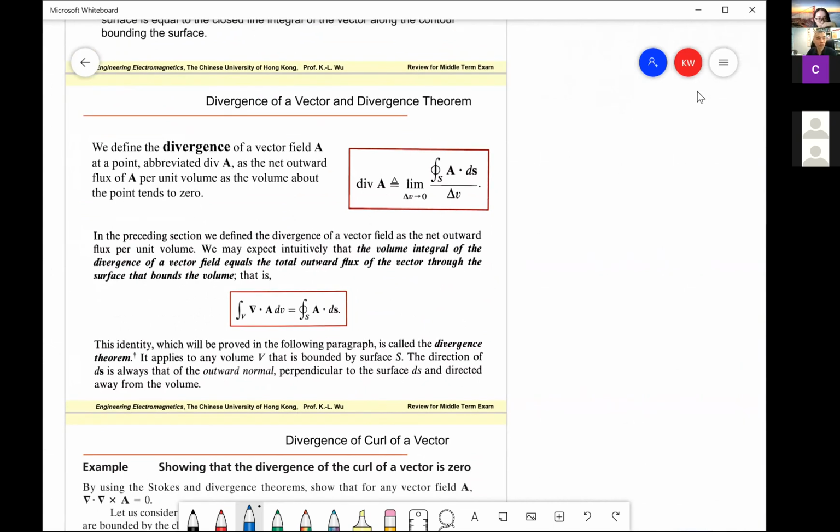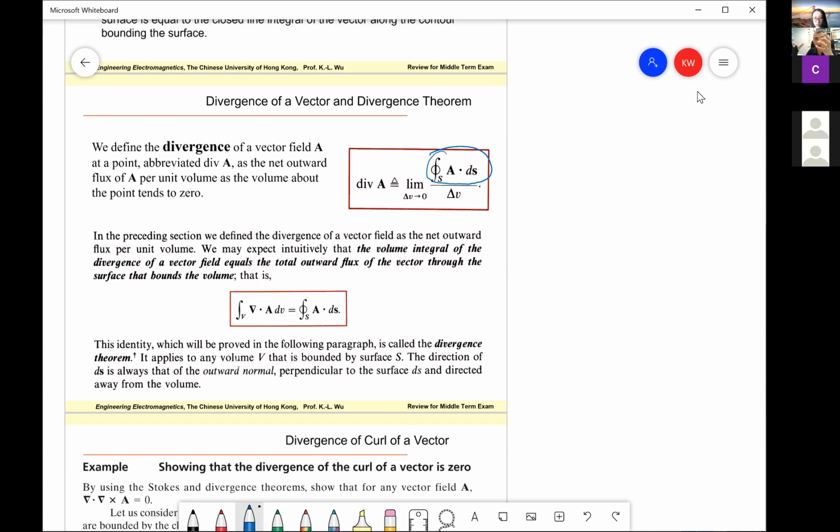After introducing curl, we also introduce another operator. We only have three vector differential operators. Curl is one. The second one we call divergence. Divergence of a vector field is defined by first calculating the flux of this vector field through a closed surface. Once you have a closed surface, you have a volume.